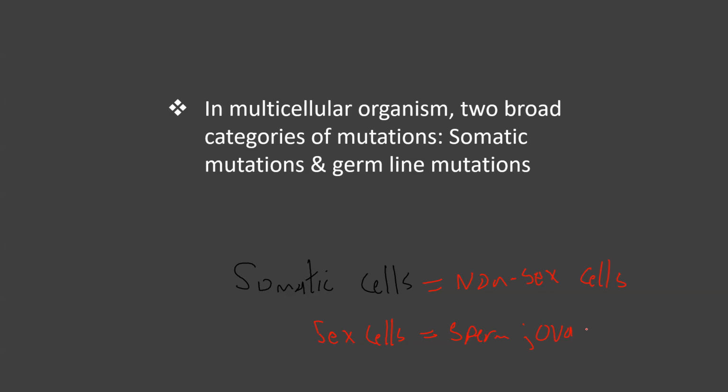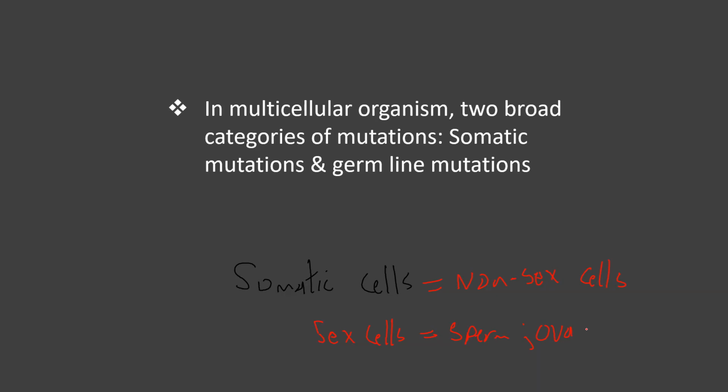Let us say the mutation allows you to, I don't know, fly, even though that's impossible for one mutation to do that. But let's say it does. It's the most awesome mutation in the world. If that mutation only lies within your somatic cells, you cannot pass that mutation on to your offspring. And therefore, your awesome ability to fly is an evolutionary dead end. It cannot live past you.